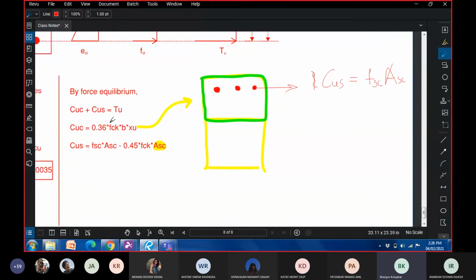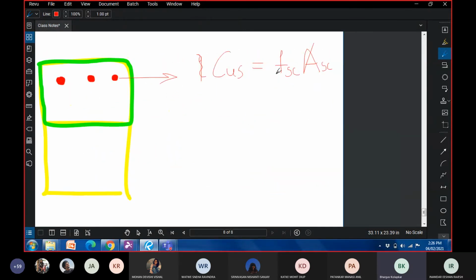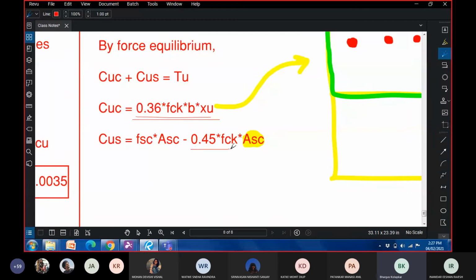But since we did not remove this area from concrete, we have to compensate for that. What is the area? The area is ASC. What is the stress? The stress in concrete there is 0.45 FCK. So this is the stress, this is the area, and therefore we have a term 0.45 FCK and ASC.